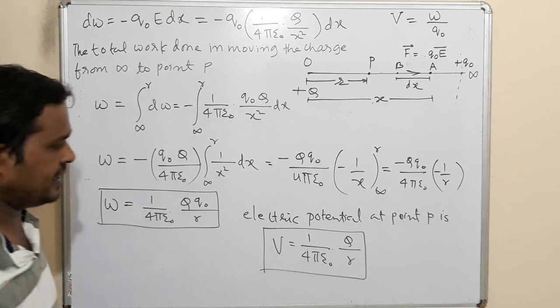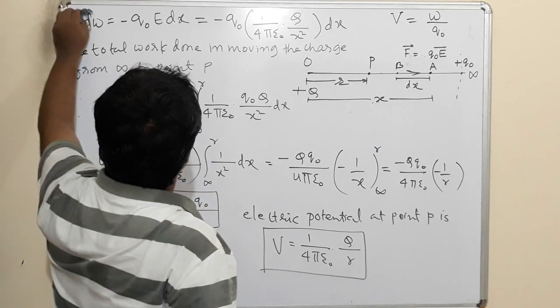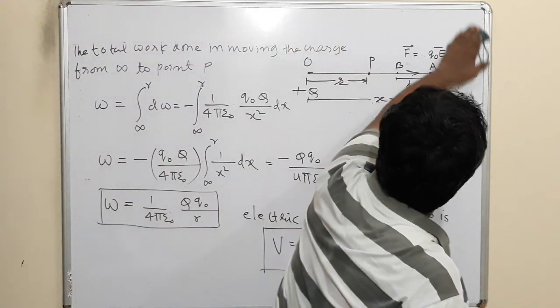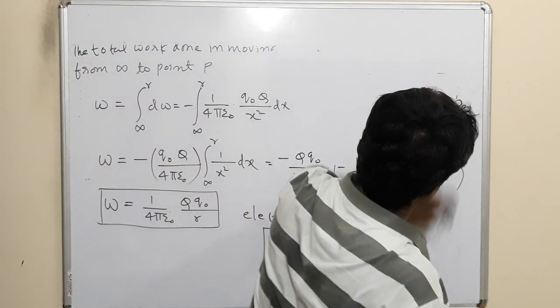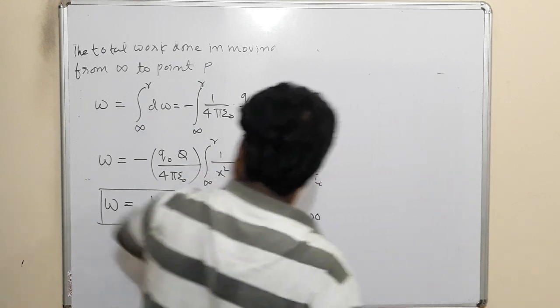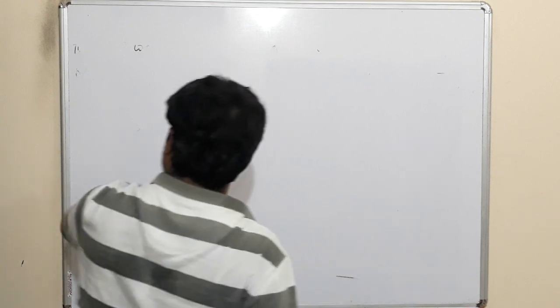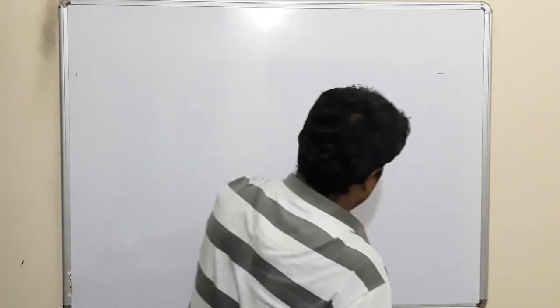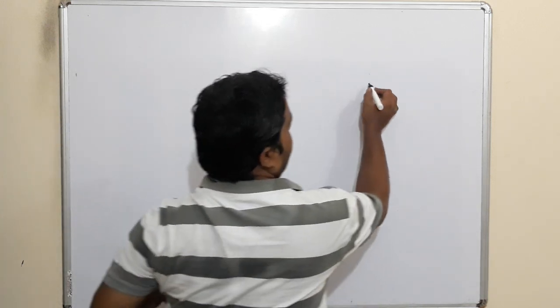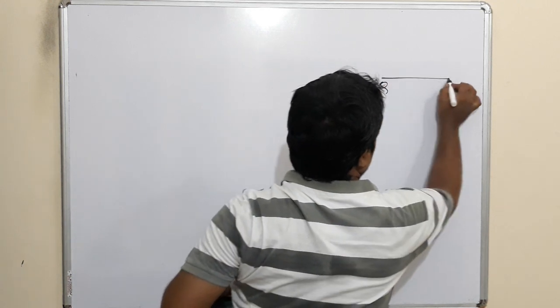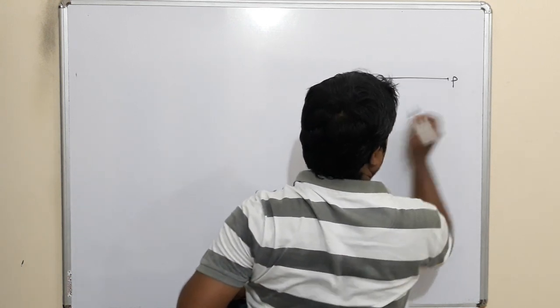Okay, noted. Now observe these two formulas. Two formulae that we studied for electric potential, electric field also. See, this is a point charge plus Q. At a distance R, a point P is there.